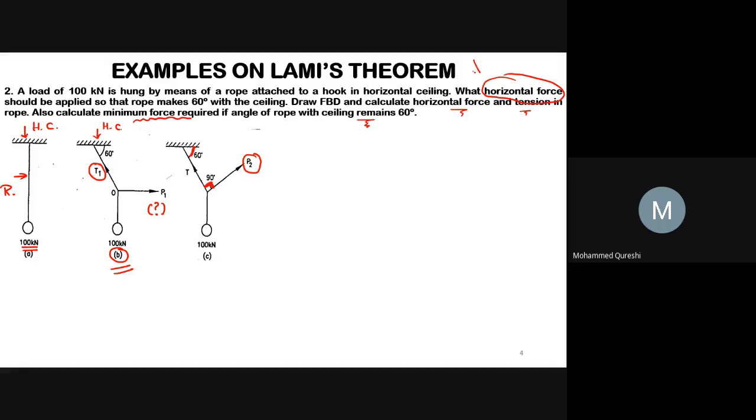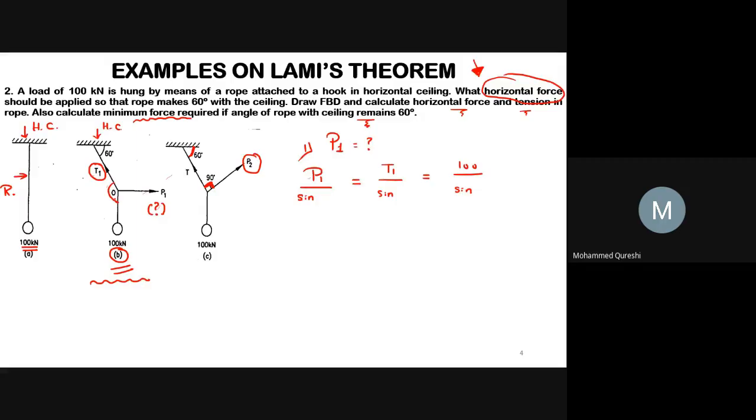horizontal force. Means what horizontal force should be applied so that the rope makes 60 degree with the ceiling. Means here we will go for figure number 2. So here the P1 force is required. So in your first case, the horizontal force we had assumed as P1, and we have to find the required P1. So in such a case, what will happen? This is your P1 force.